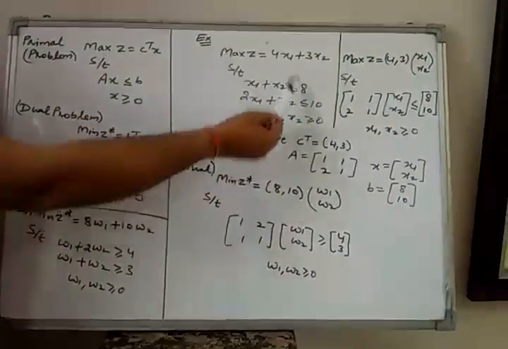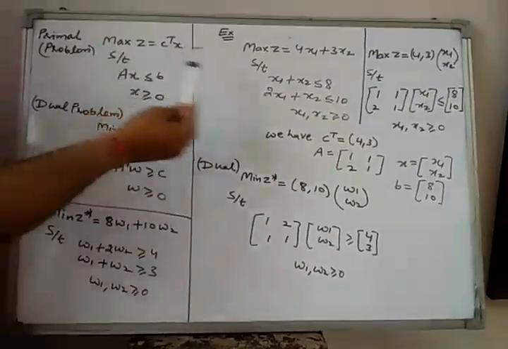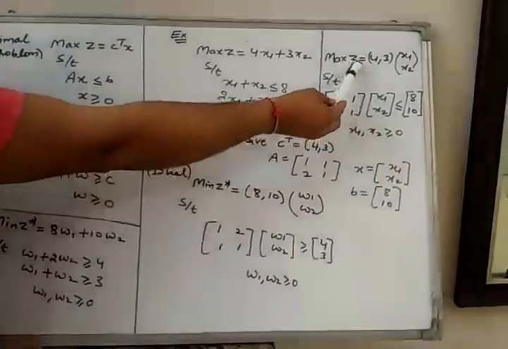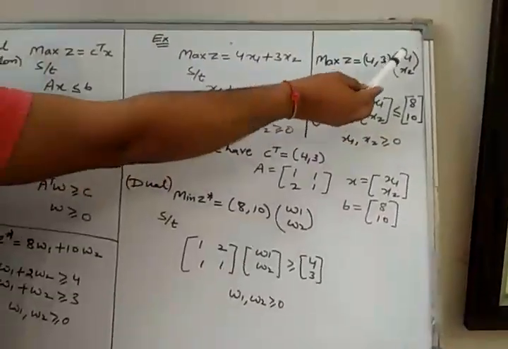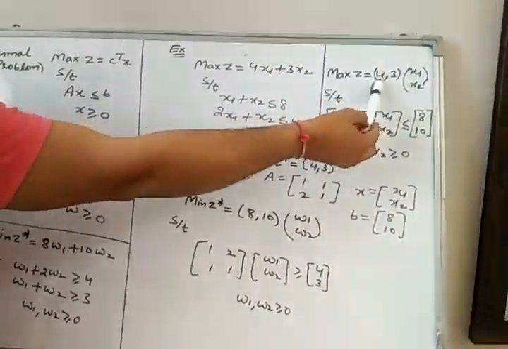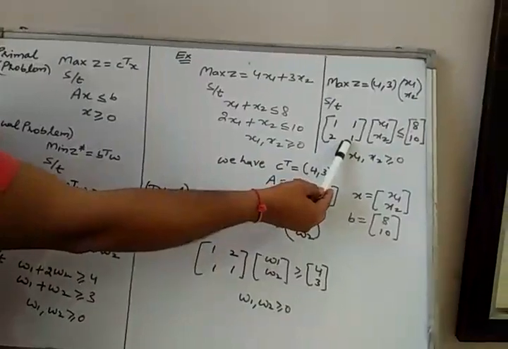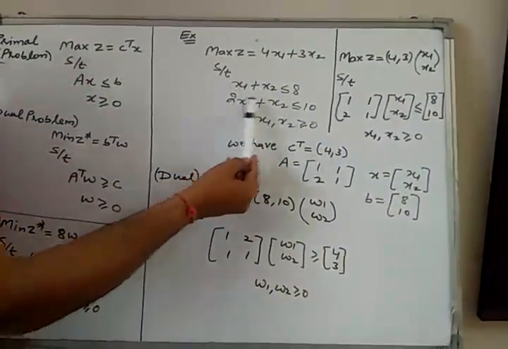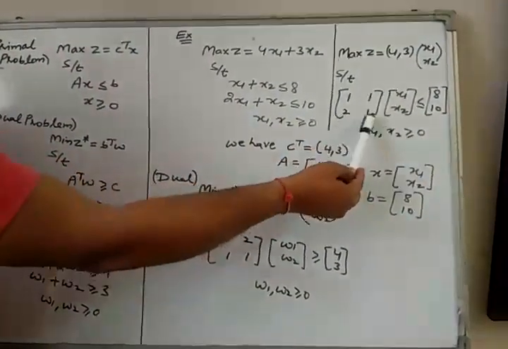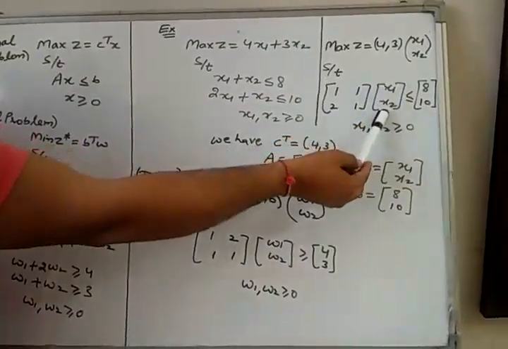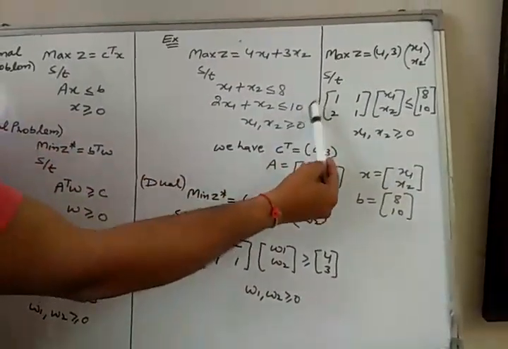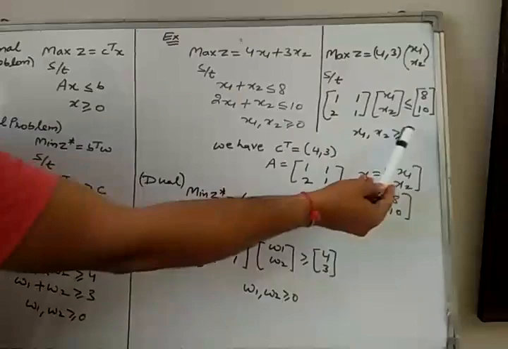If we want to write this problem in matrix form, then we write it as maximum z equal to (4, 3) times (x1, x2). When we multiply this, it becomes 4x1 plus 3x2, and the coefficient matrix is [1 1; 2 1] with (x1, x2) less than or equal to (8, 10), and x1, x2 greater than or equal to 0.